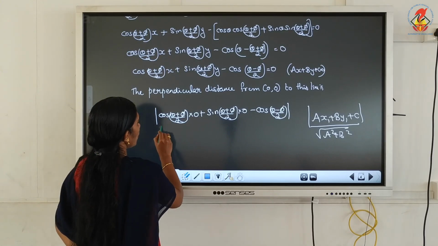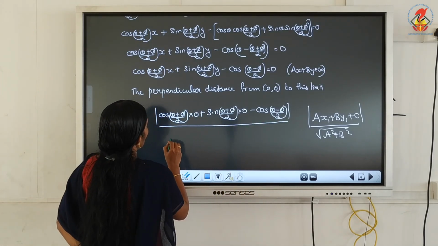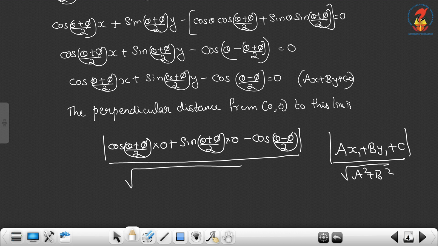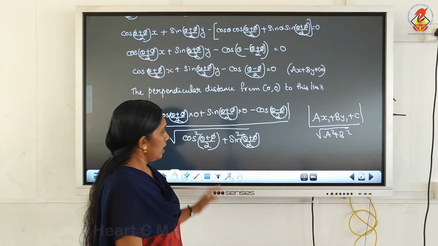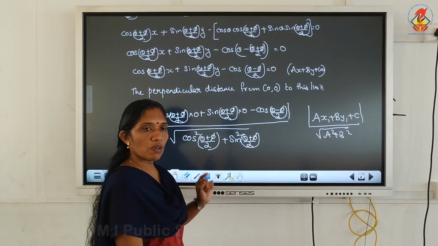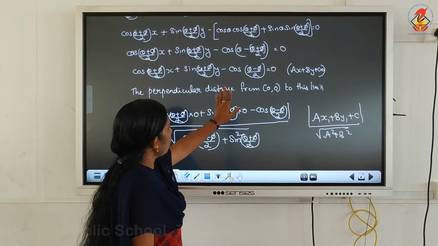By root of a square plus b square. What is a square? A means the coefficient of x, its square, that is cos square. Coefficient of y is sin (theta plus phi)/2 whole square, that is same as sin square. The angle is same, cos square theta plus sin square theta is 1. So in the same way this value is also 1 and these two are 0.